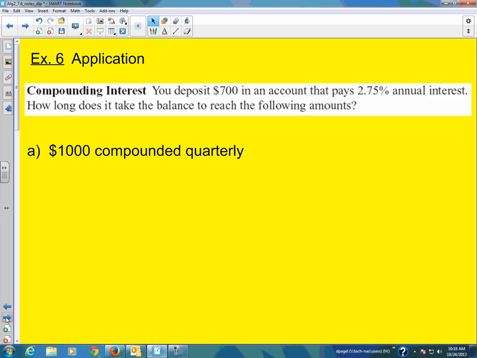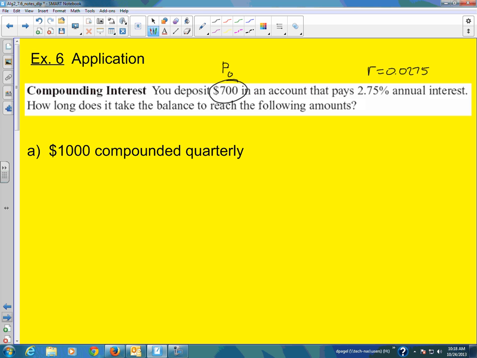Actually, you know, we've already taken a look at this stuff. Depositing 700 is a little bit of a review problem. We're depositing 700 bucks. There's our initial amount, our initial principal. We have a rate of 0.0275.